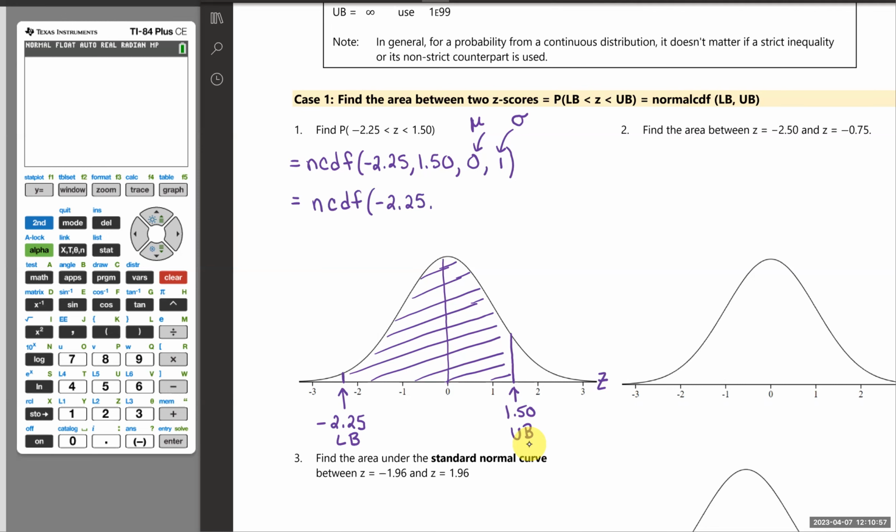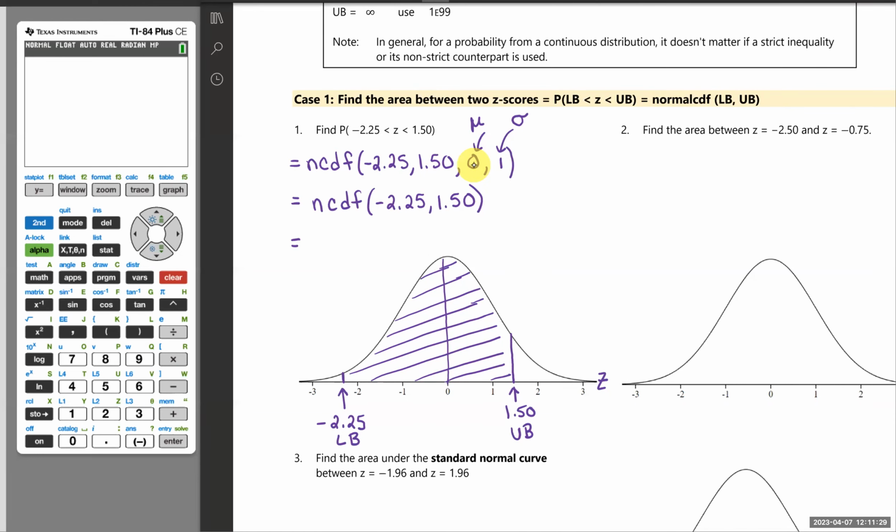We call that the default on the calculator. So with z-scores, we can just type lower bound, upper bound. If we were doing like a churro example, then we'd have to put in the mean for the churros, like the 300 calories. But for z-scores, it makes it a little easier. So just lower bound, upper bound, and then we're good to go.